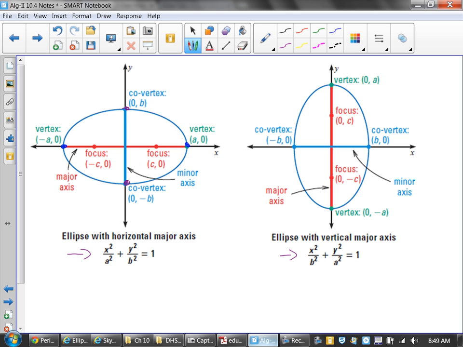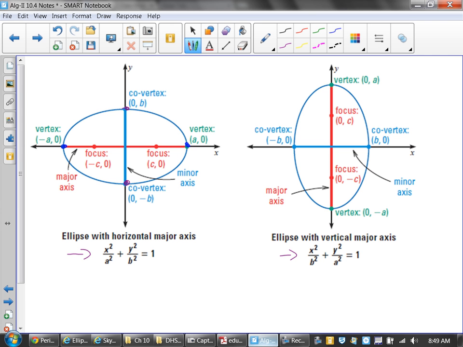The a value is always going to be the larger of the two numbers. So if the larger value of the two denominators is underneath the x, it's stretched left and right. If the larger value is underneath the y value, it's stretched up and down. That's how you're able to tell whether it is left and right or up and down for a major axis.